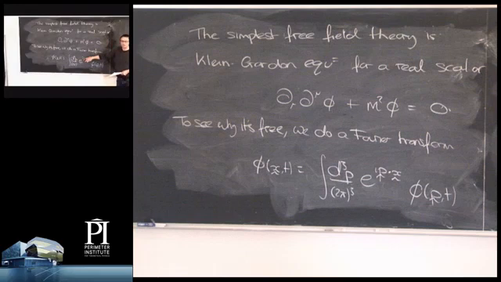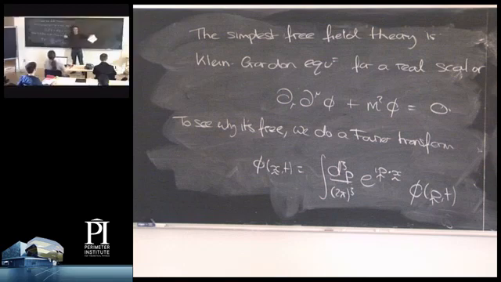Is this defining phi of p? Yeah, if you like. But you see, it's a dummy variable. I could have called it p, I could have called it q, I could have called it anything, since it's just integrated over. It's just some decomposition of the field. That's the best way to think about it. Of course, what it's really doing is what a Fourier transform always does.